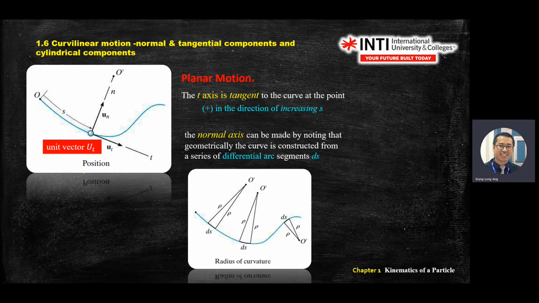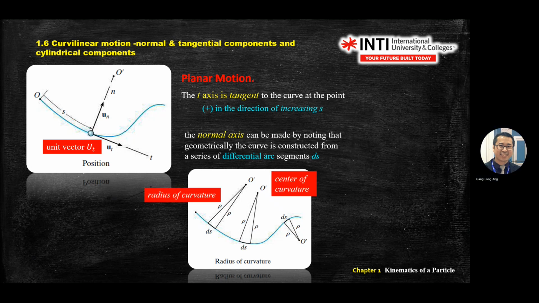So you need to recall this in this session. In this case, we will replace the R, the radius length, with rho, but it's the same meaning. It's just a symbol to separate that in this chapter, you use rho, the radius of curvature.